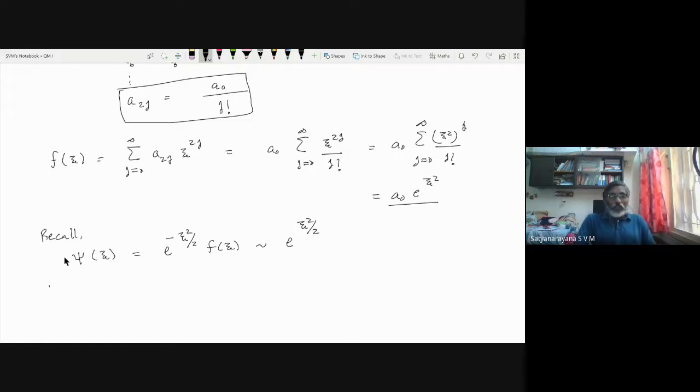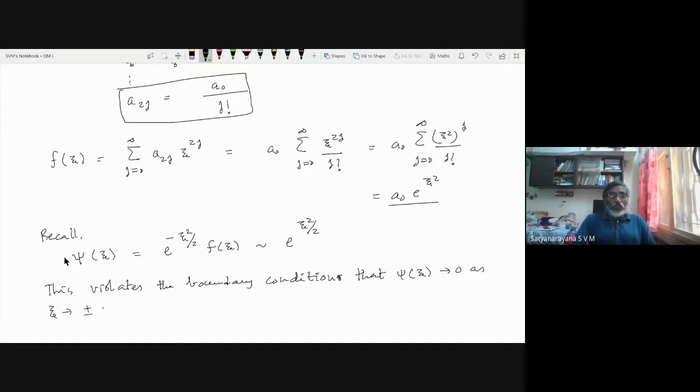So this violates the boundary condition. And since this violates the boundary condition that psi of xi should go to 0 as xi goes to plus minus infinity, that means this f of xi should not dominate as xi goes to plus minus infinity. Okay, so what is the way out?